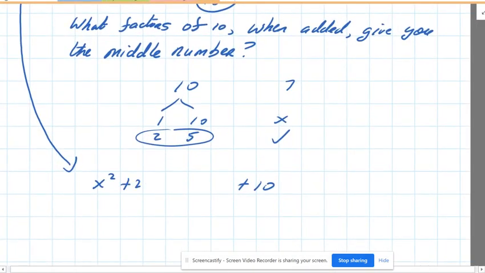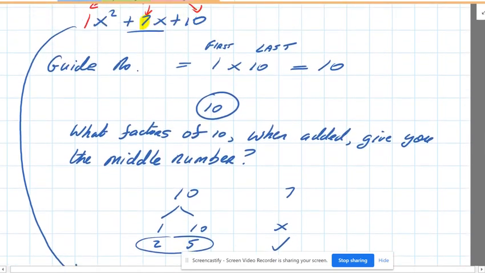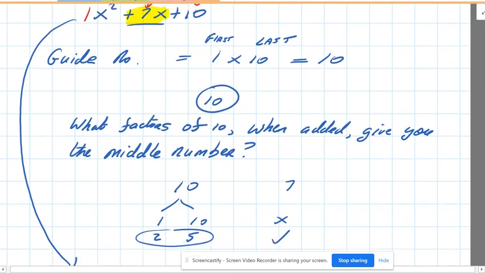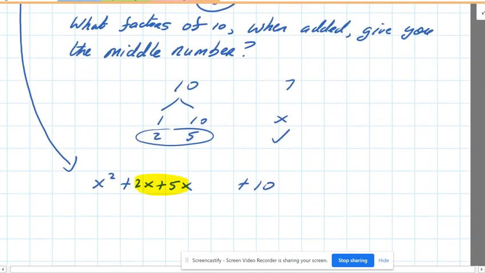So it's plus 2x plus 5x. So that plus 7x should correspond always with what's in the middle here, 2x and 5x. Might bring this plus 10 in a little bit, make it neater. And that's the first step of what we call the guide number method.